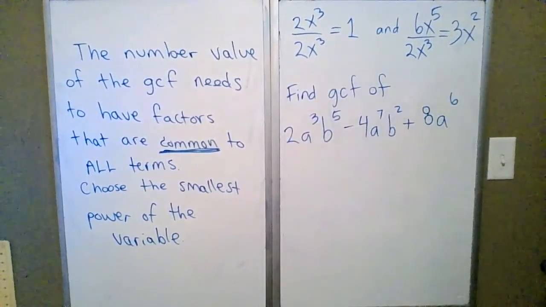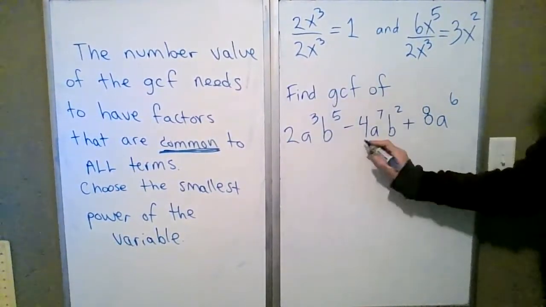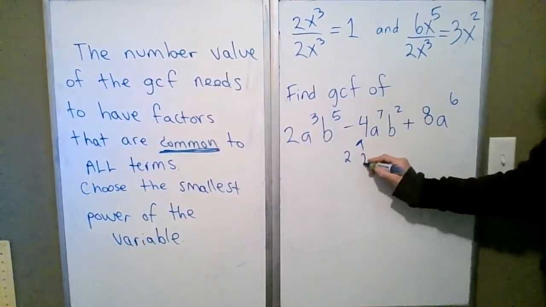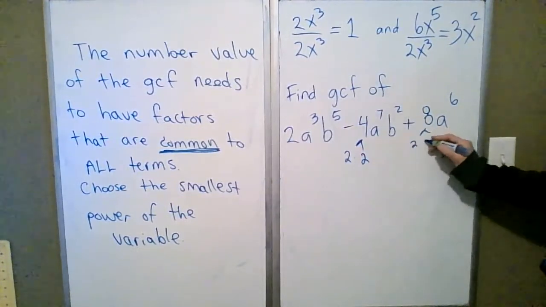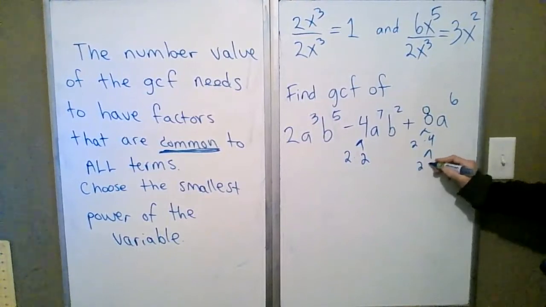Okay, so I'd factor all of the numbers. 2 is fine. 4 would be 2 times 2. 8 is 2 times 4. 4 is 2 times 2.